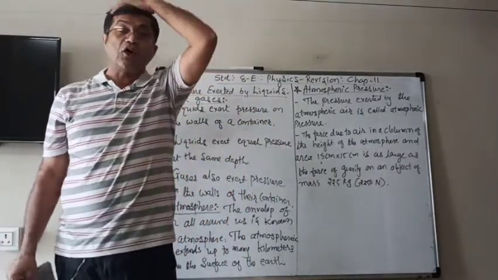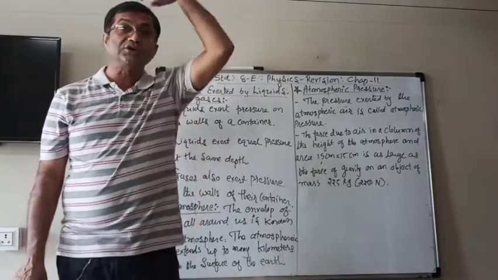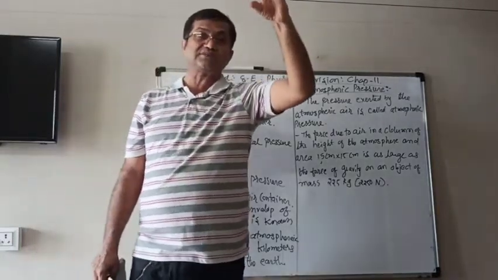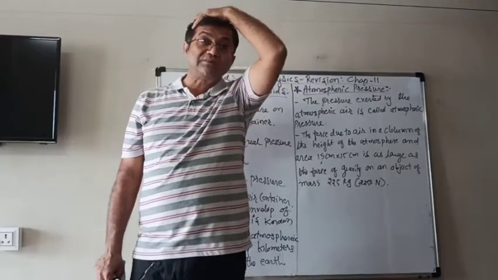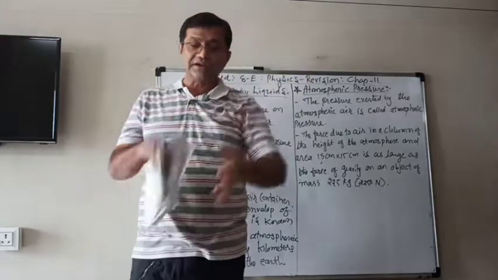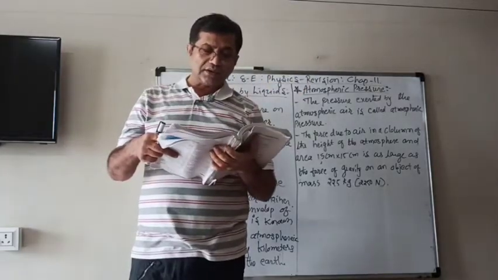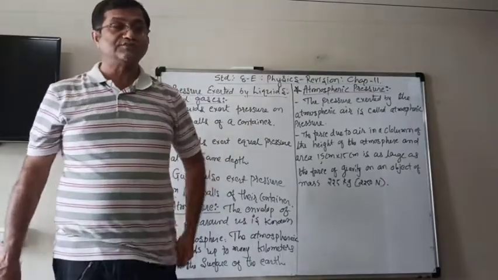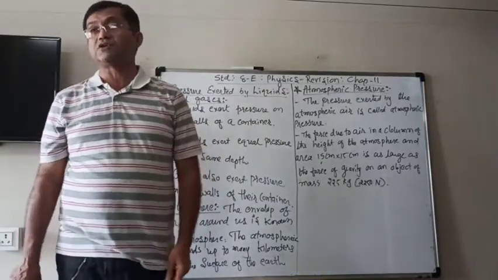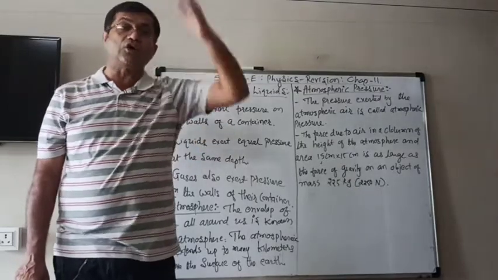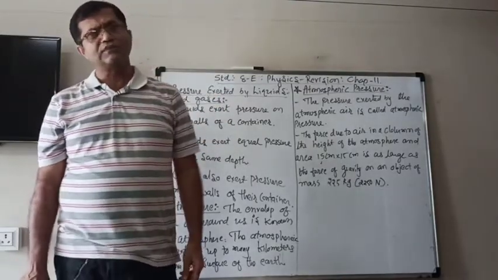It means that if you put a 225 kilogram mass object on our head, that much pressure is exerting on our head, and it is 2250 Newton, because the unit of force is Newton. So too much force is exerting on the body.